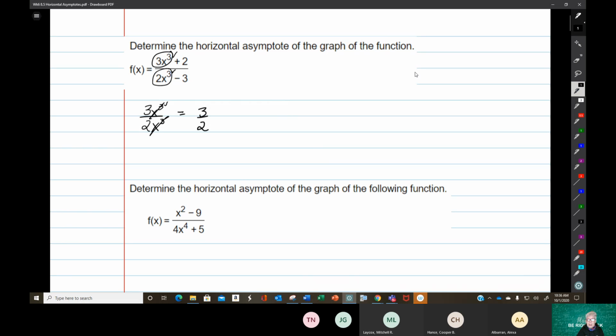Okay, so this rule says that when the highest exponent on top, let's stop the baby talk and let's just talk about what we really mean, the degree of the top. The degree of the numerator.